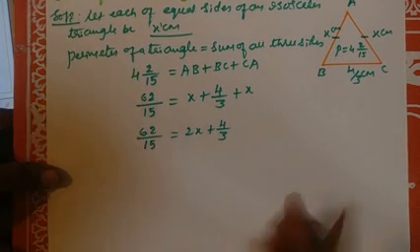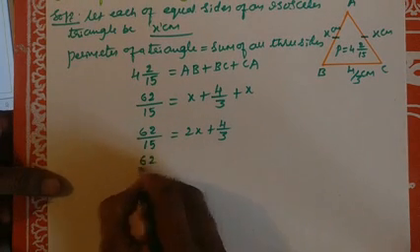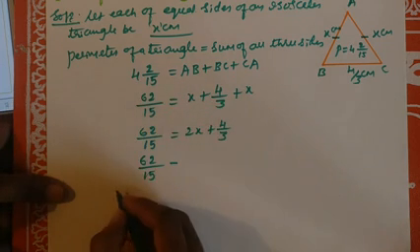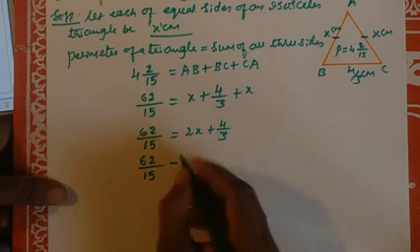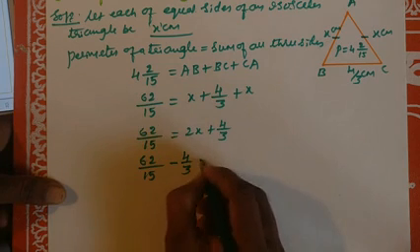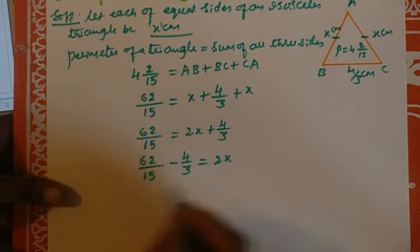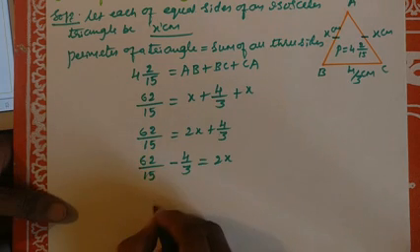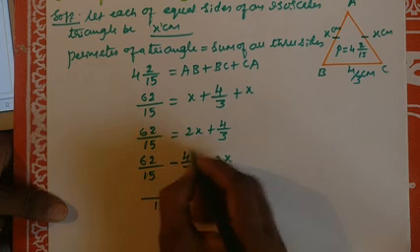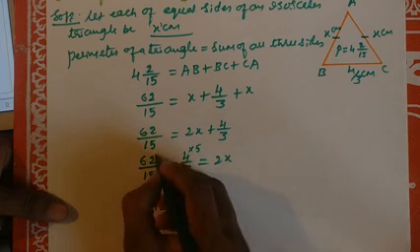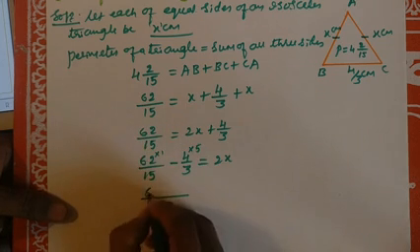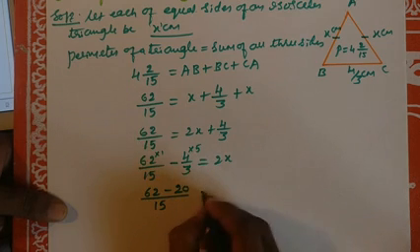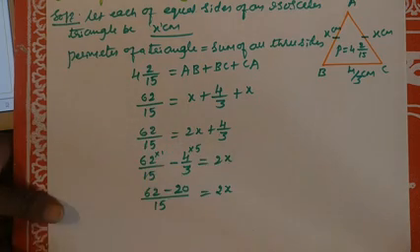Okay, 62 by 15 minus 4 by 3, taking it to the LHS, is equal to 2x. What is the LCM of 15 and 3? 15 only. 15 ones are 15, 62 ones are 62, minus 4 fives are 20, is equal to 2x.